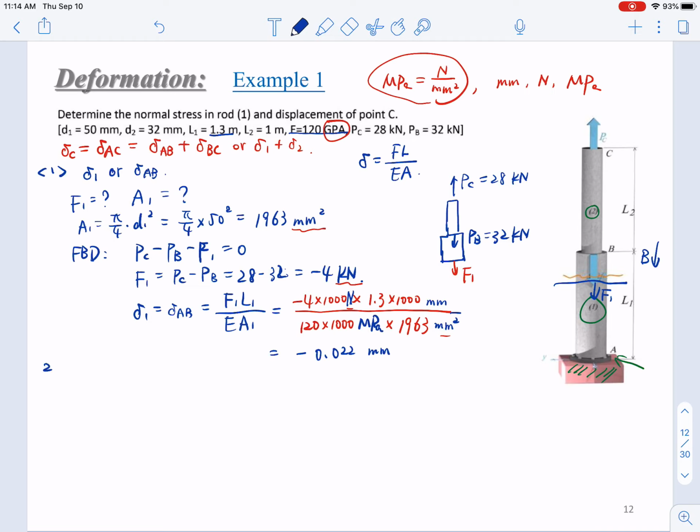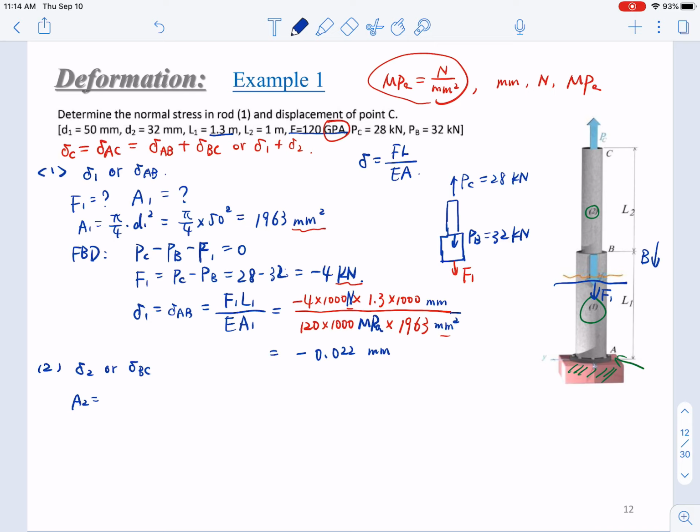Then in step 2, we determine the delta 2 or delta BC. So we need to follow very similar steps. The A2, we just need to determine A2. What is A2?